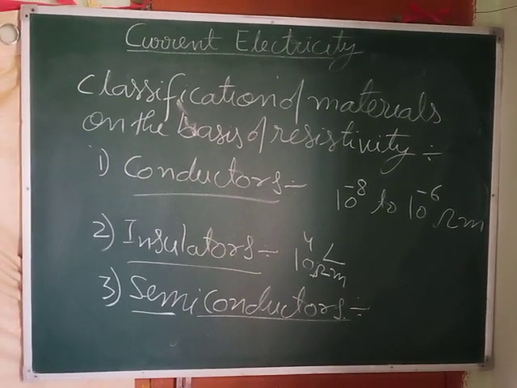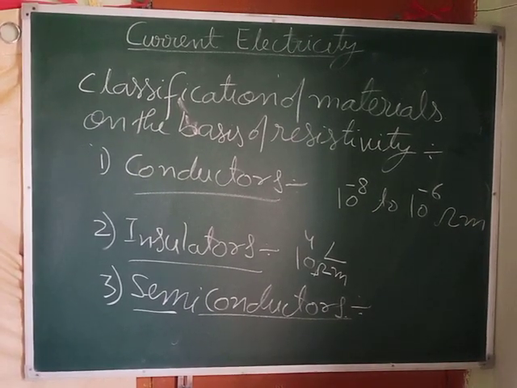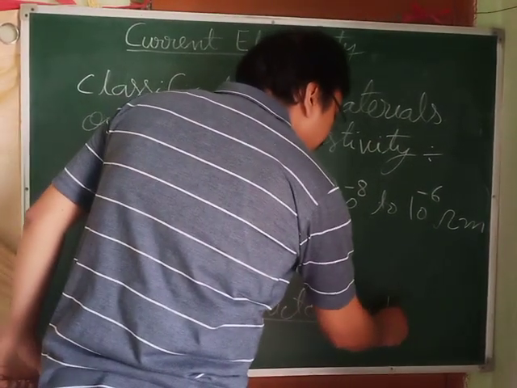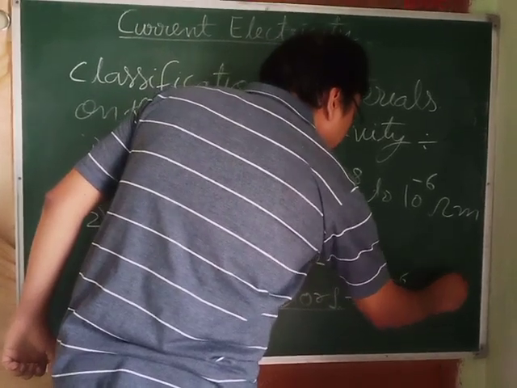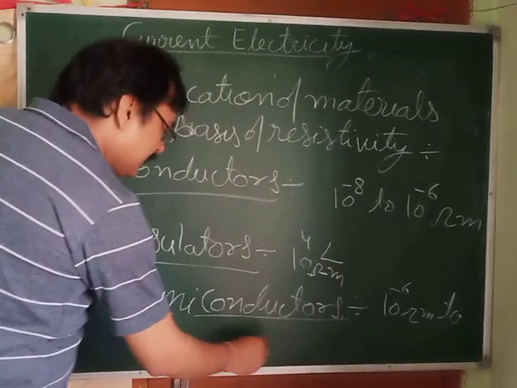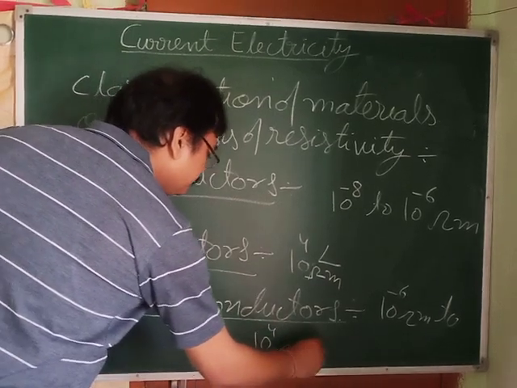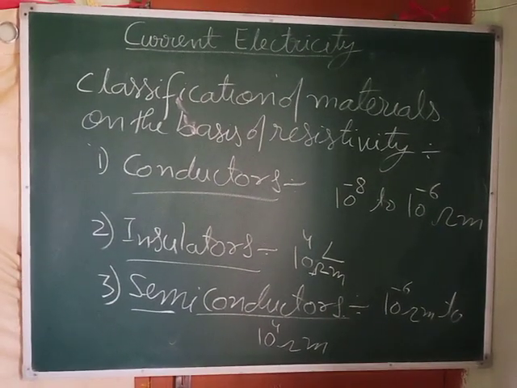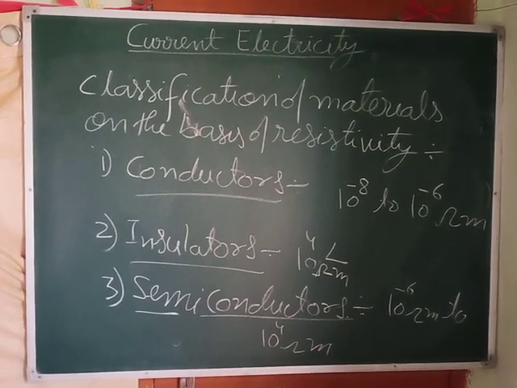The materials which have a resistivity between 10 to the power minus 6 ohm meter to 10 to the power 4 ohm meter are called semiconductors. Full stop.